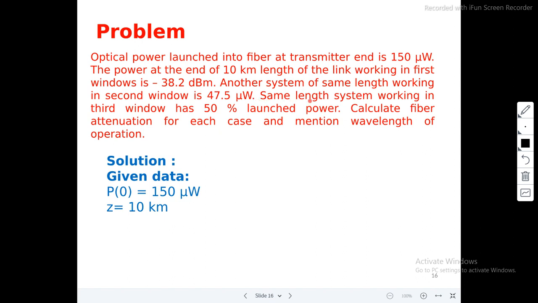The same length system working in the third window has 50% launched power. Calculate the fiber attenuation for each case and mention the wavelength of operation. This is the given problem statement.